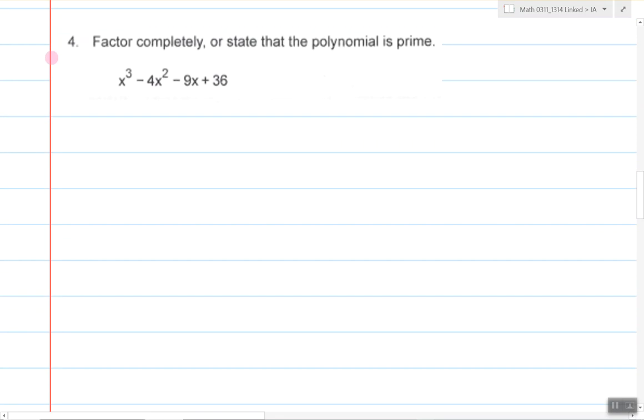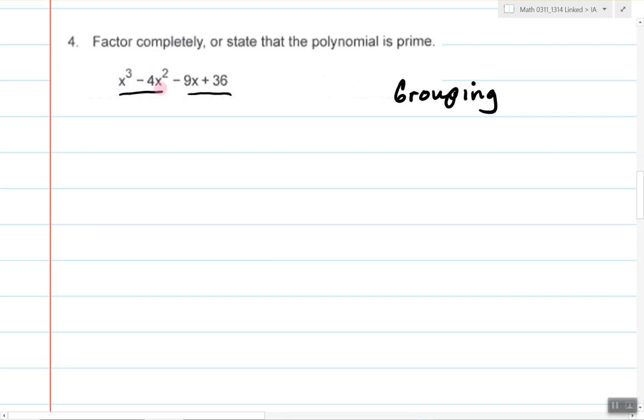Let's look at number 4. It's been a few lessons since we looked at something like this. I do look for a GCF, but I don't have one. So the next thing I do is count. There are 4 terms, which means I'm going to start with grouping. First group, second group.